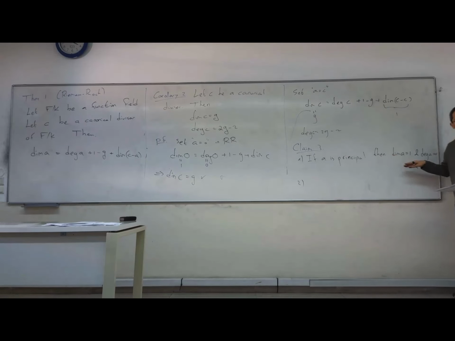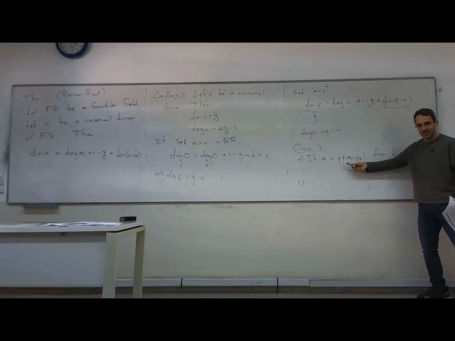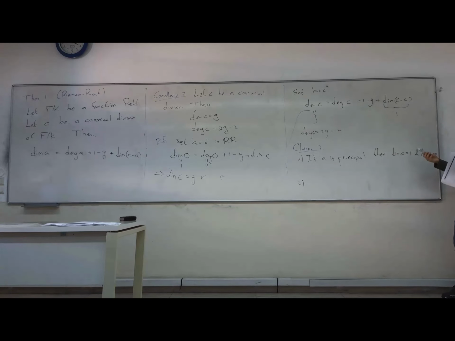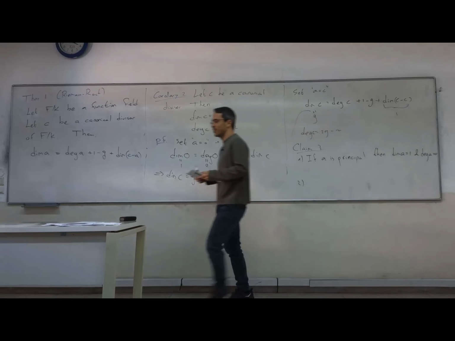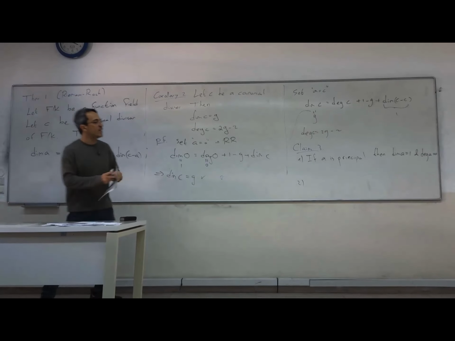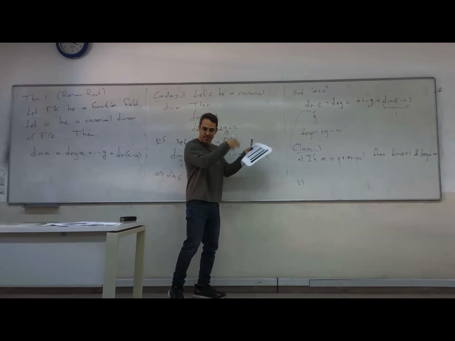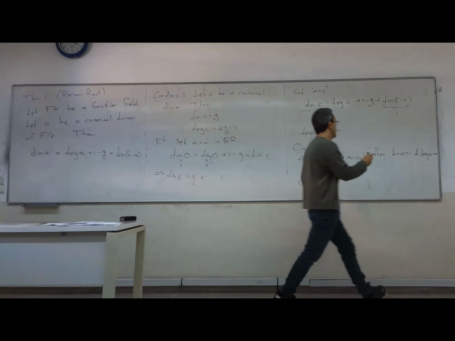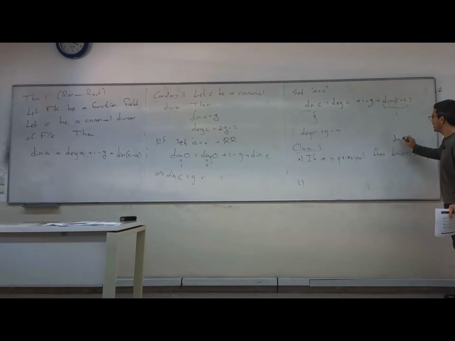Actually, that's obvious, because if A is principal, you can just take it to be 0, since the degree and dimension don't change when you add a principal divisor. The 0 divisor is a principal divisor, and every principal divisor has the same degree and dimension as the 0 divisor. We know that the dimension of 0 is 1, and the degree of 0 is 0.